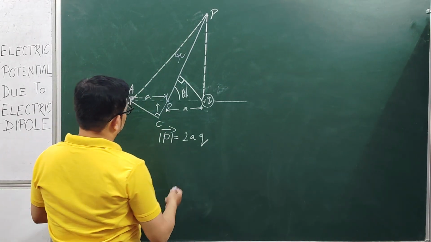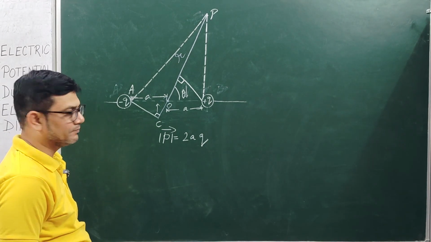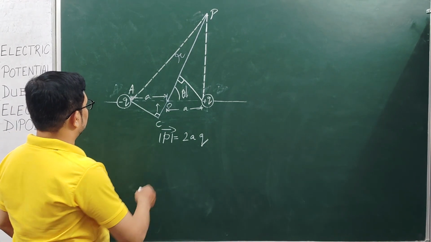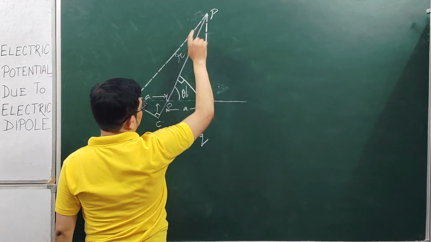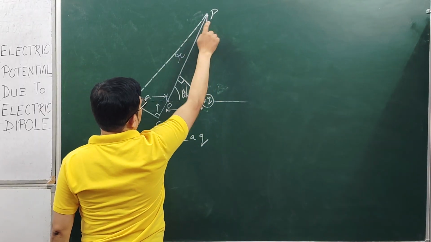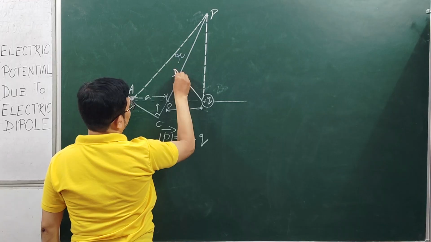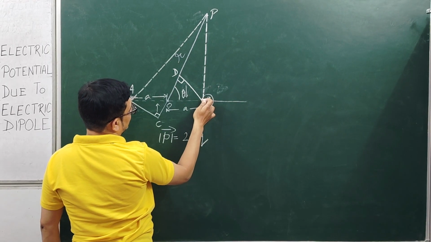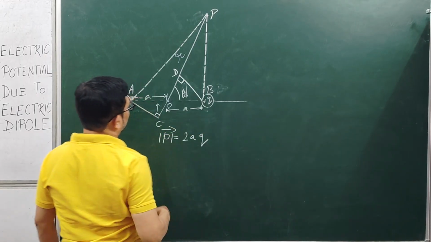And now we'll check what more can be done. If you look carefully at triangle ACP and triangle PDB, suppose I indicate the point where we drop a perpendicular from point B on the line OP.